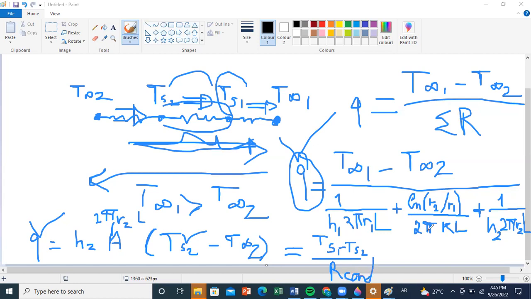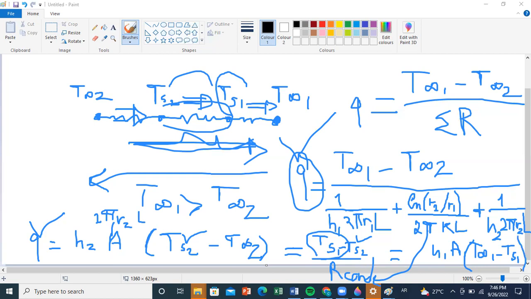So we just plug its value here, and we have the value of TS2 from the previous analysis. So we can get now TS1. And finally, you can verify that your TS1 value is right by verifying that it's equal to H1 times the area 2 pi R1 L, so times A1, times delta T, which is T infinity 1 minus TS1. So you can solve for all your temperatures by going through this procedure.